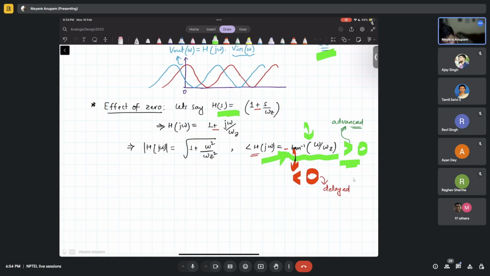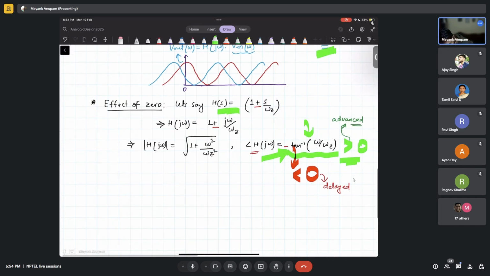So in general, for any practical system, if we have a transfer function H(s), then there will be an N(s) and D(s), the numerator and denominator, which are polynomials in s. So the degree of the denominator will always be greater than or equal to the degree of the numerator.